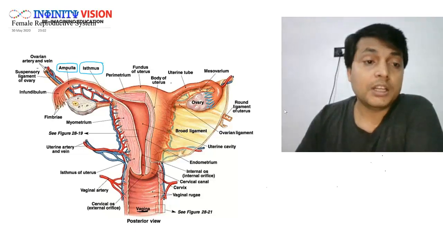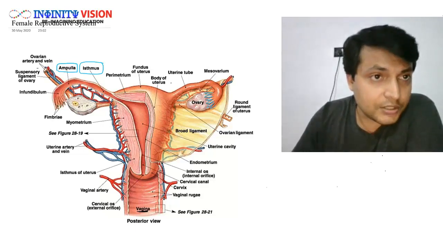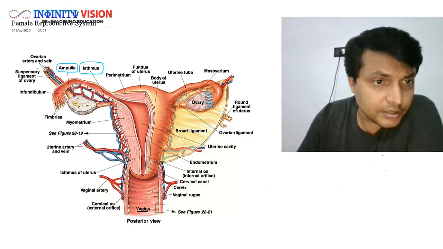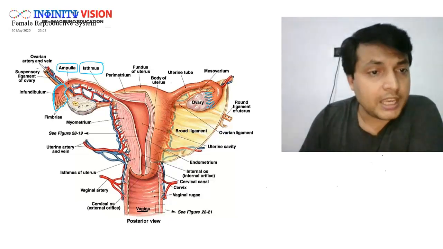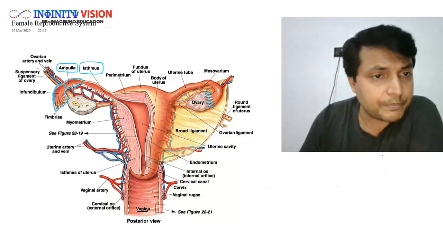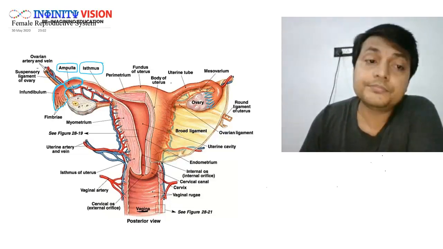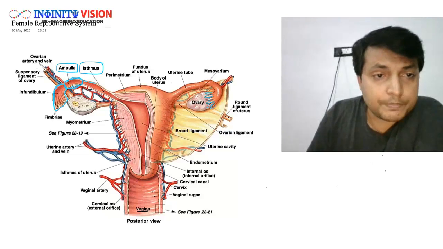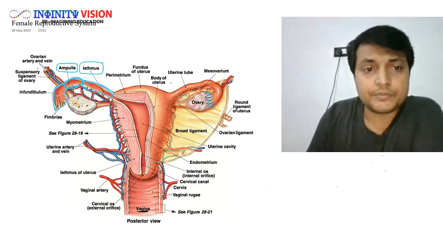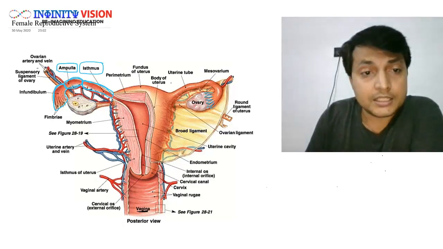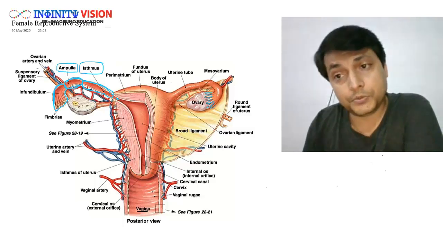Now, this entire part is the infundibulum, and from this up to this part is the ampulla. From this part onward is the isthmus, and this is the uterine part of the fallopian tube.